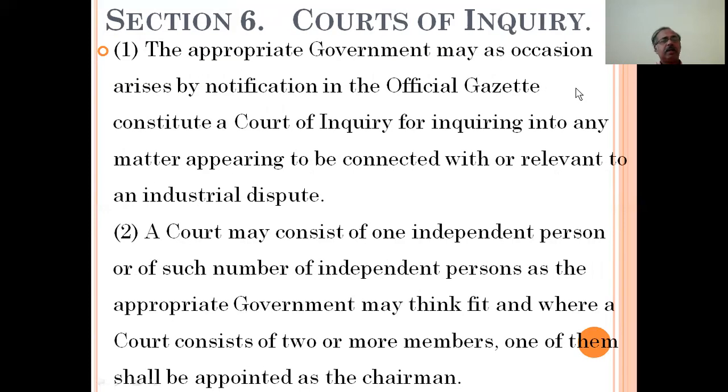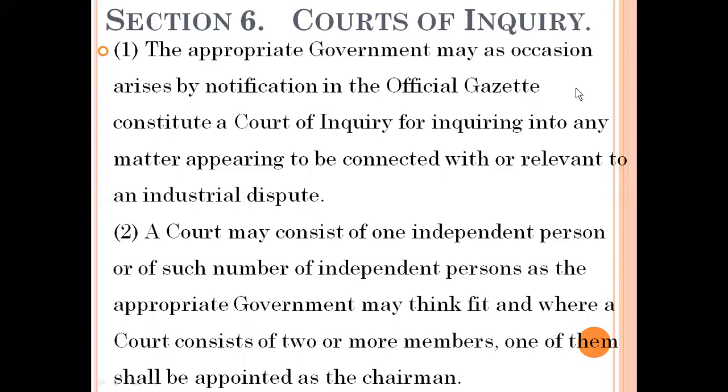Then we will discuss the next form of conciliation machinery. We can say courts of inquiry, section 6. The appropriate government, as the occasion arises, by notification in the official gazette, constitutes a court of inquiry for inquiring into any matter appearing to be connected with or relevant to an industrial dispute.